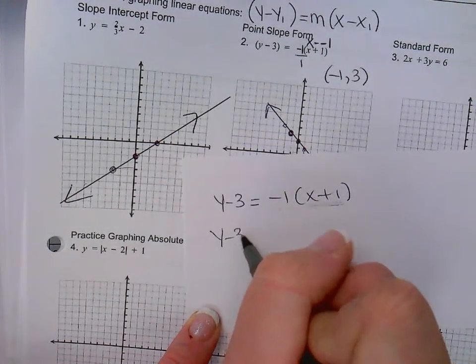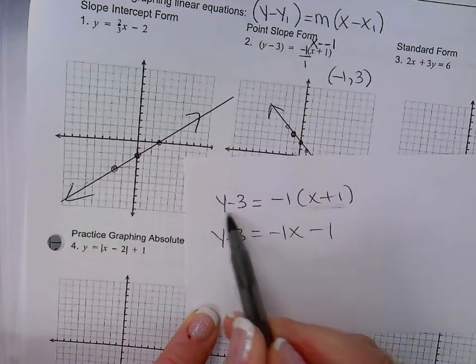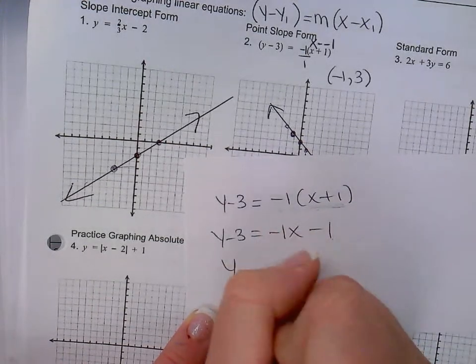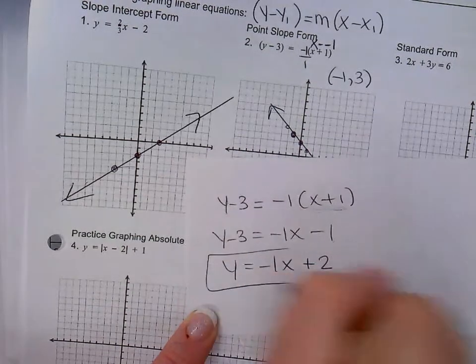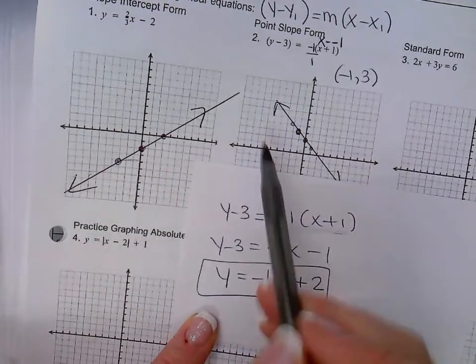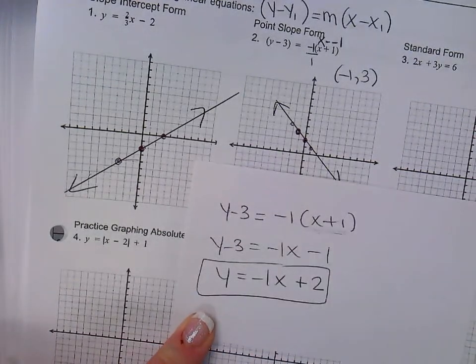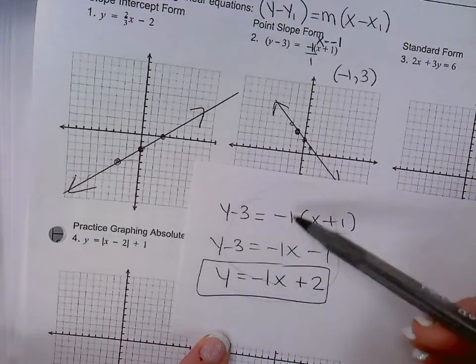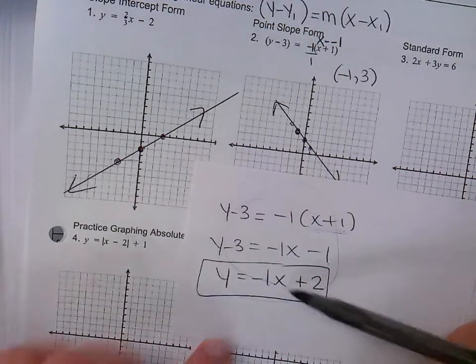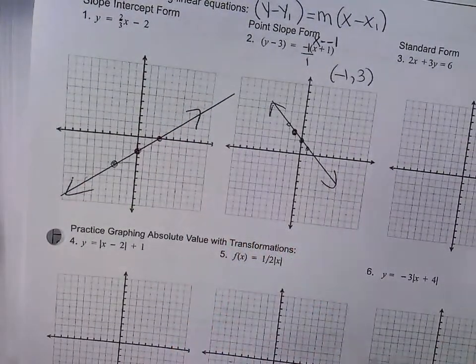So y minus 3 equals -1x minus 1, and then you would just add 3 to the y-intercept. So -1x plus 2, and isn't that the line that we graphed, right? It had an intercept at 2 and a slope of down 1/1. So if you want to take the time to put it in slope-intercept form, be careful with your algebra. To me, it's easier to just graph it in the given form that it comes in.